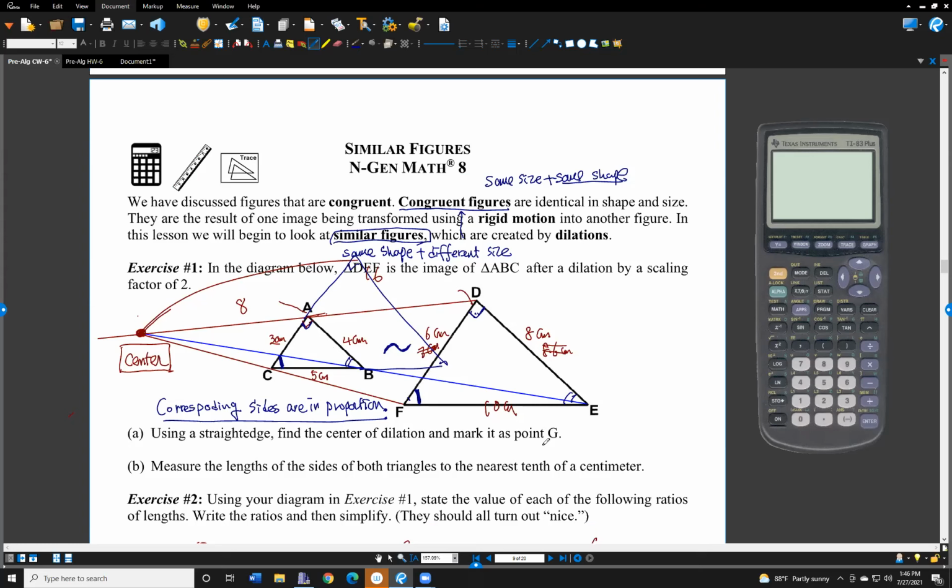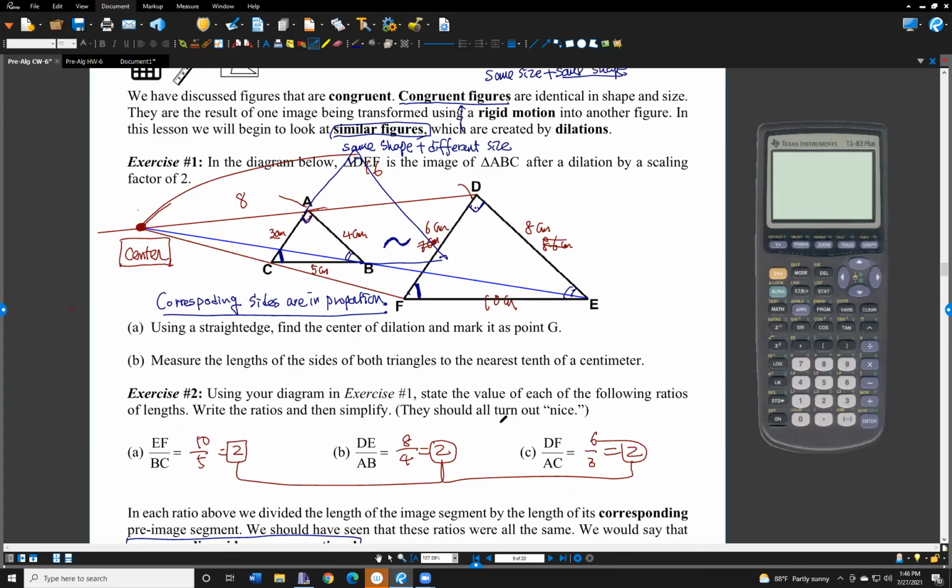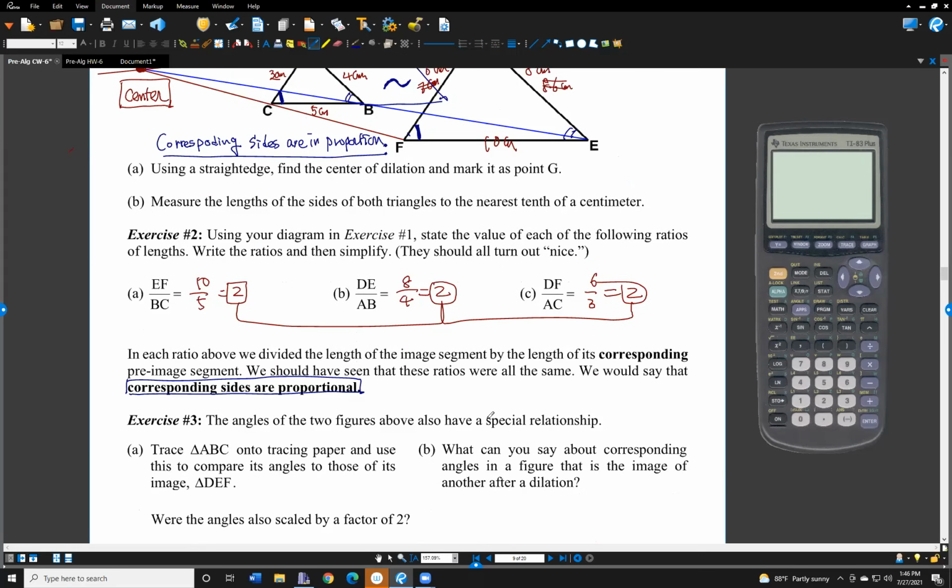Only what is similar is that the length will be proportional. That's why we said the corresponding side is a length, not corresponding angles. They didn't say anything about the angles. Only length is proportional, not angle.